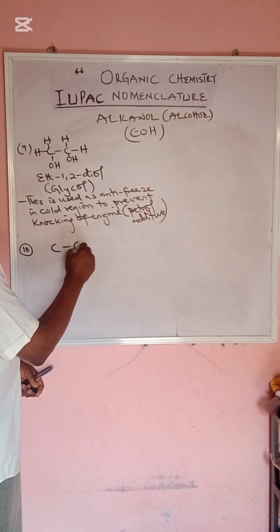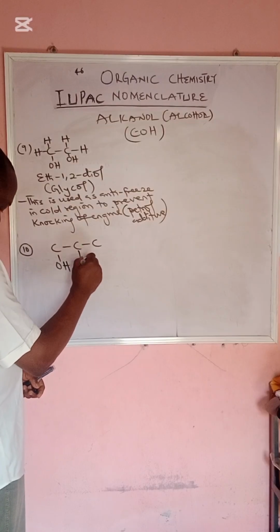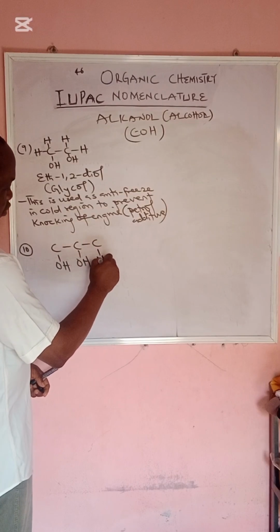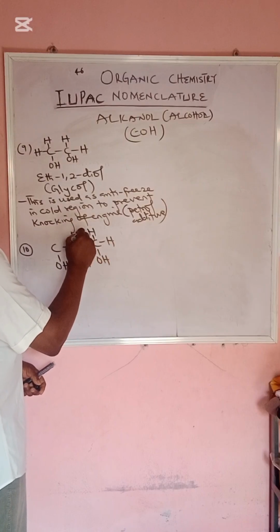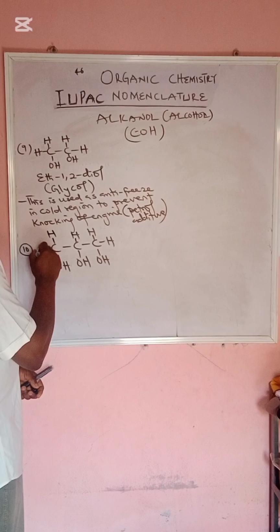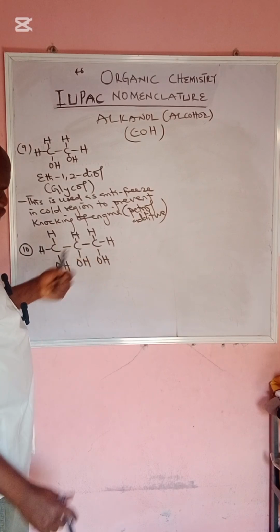We have 1, 2, 3. OH here, OH here, another OH here, with hydrogen on the remaining positions. One OH on carbon 1, another on carbon 2, another on carbon 3.